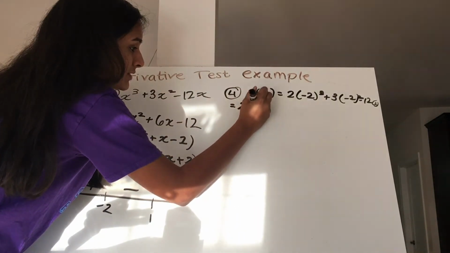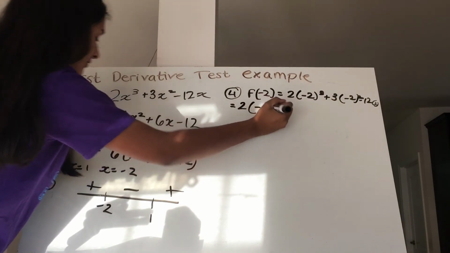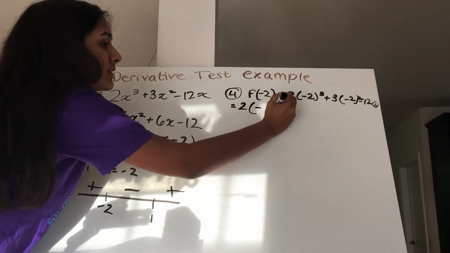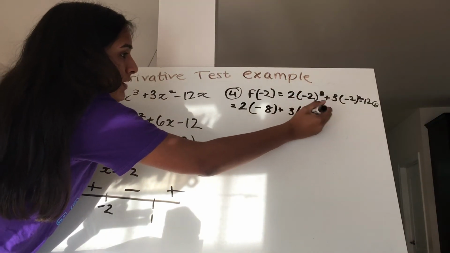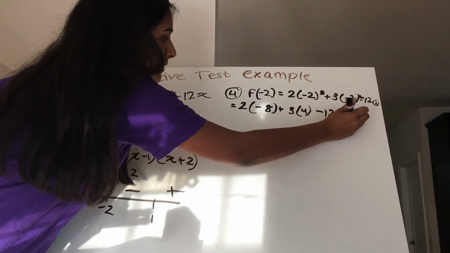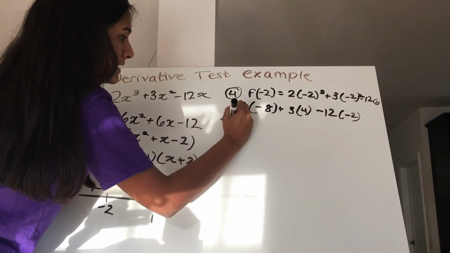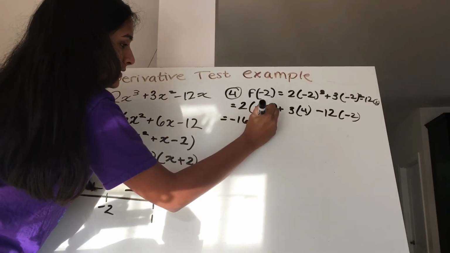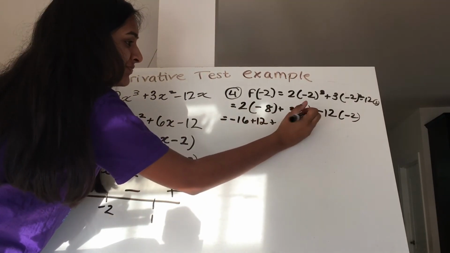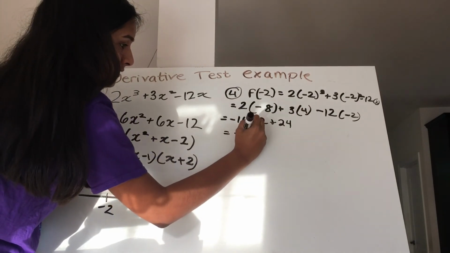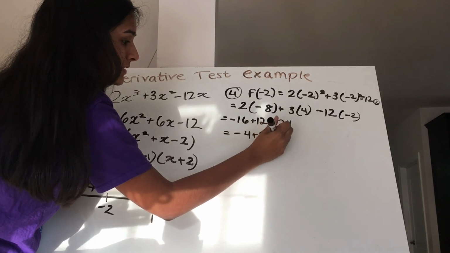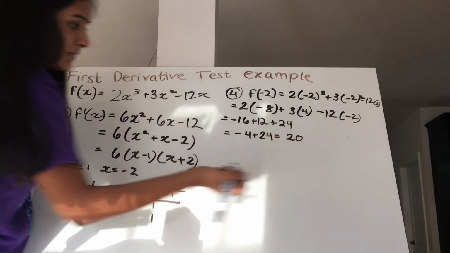This equals 2 times negative 8 plus 3 times 4 minus 12 times negative 2, which equals negative 16 plus 12 plus 24, equals minus 4 plus 24, which is equal to 20.